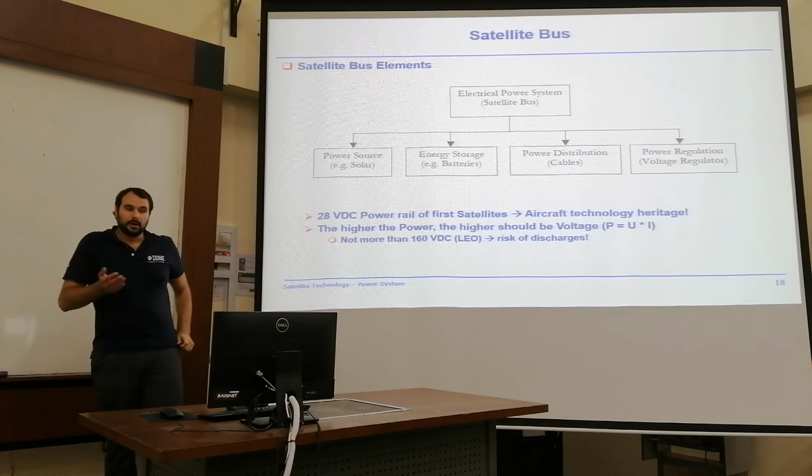But you can also use the auxiliary power unit for ground testing. Because imagine, you have a satellite in the clean room. How do you get your power? How do you charge the batteries of the satellite? We talked about the depth of discharge. You don't want to discharge your batteries so badly, just when it's stored, not even in space.